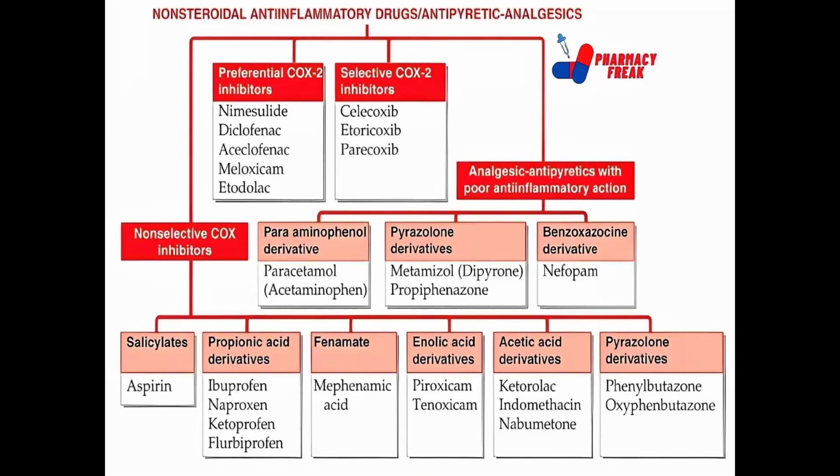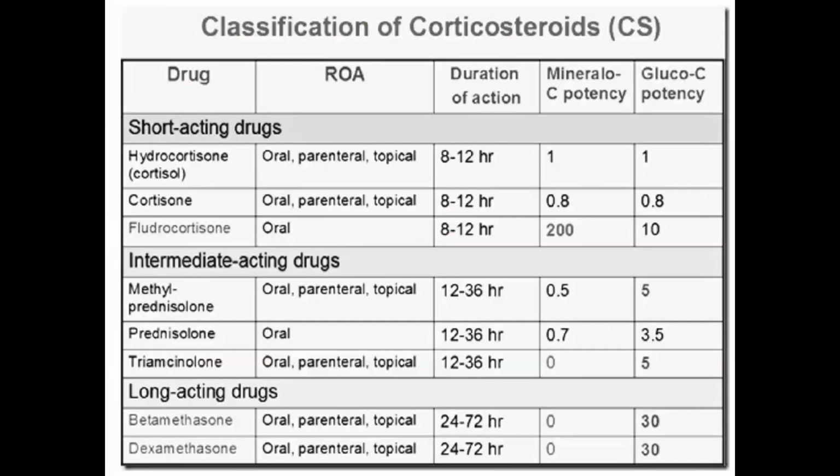We're not going to talk about different types of NSAIDs, but we know that we have COX-1 and COX-2 inhibitors, and this is enough for this presentation. We have a full presentation about anti-inflammatory drugs, please look it up. Also, corticosteroids play a major role in rheumatic diseases. Again, please look up the anti-inflammatory presentation.